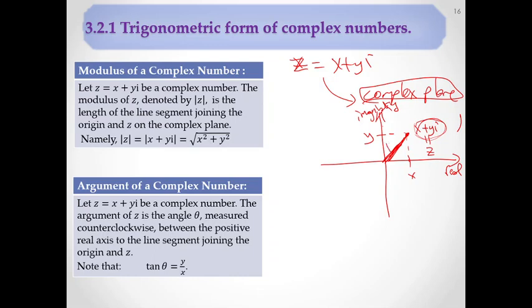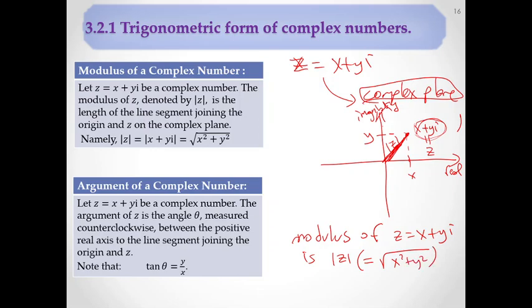So we will call this one the absolute value of z, or the modulus of z. So the modulus of z equal to x plus yi is indeed the square root of x squared plus y squared.